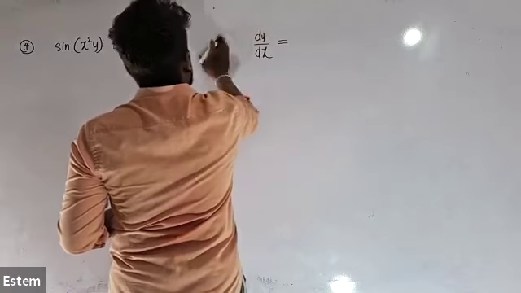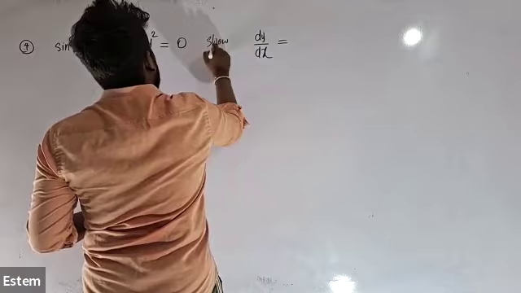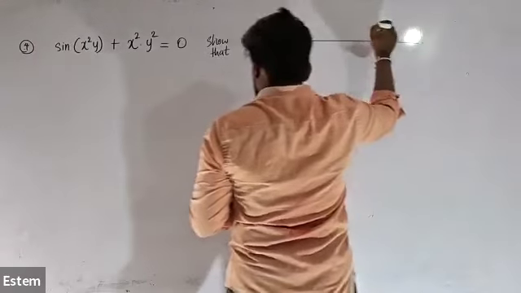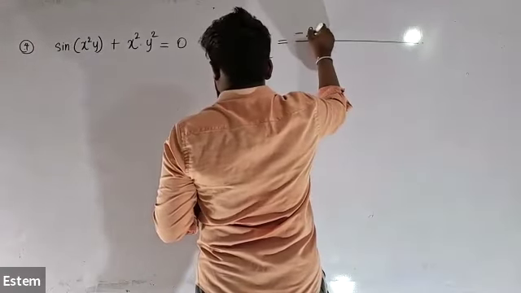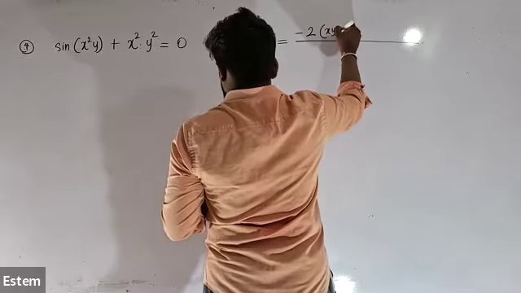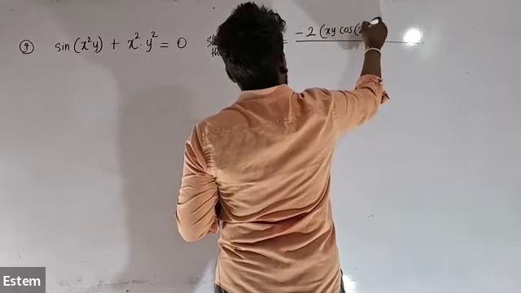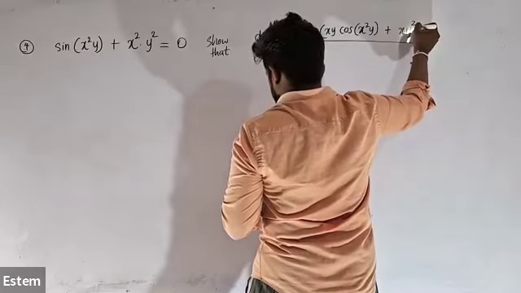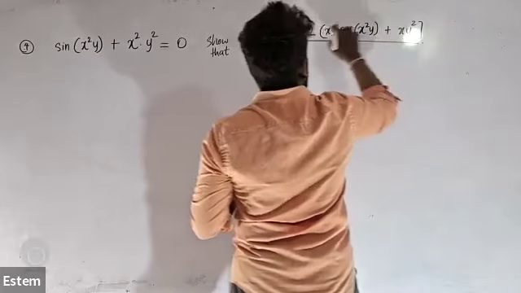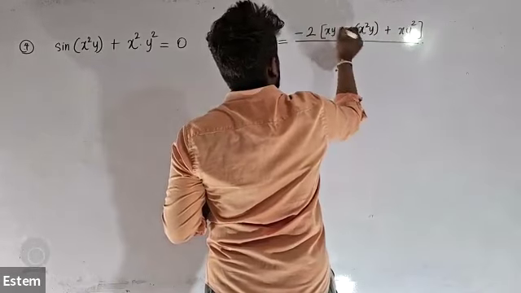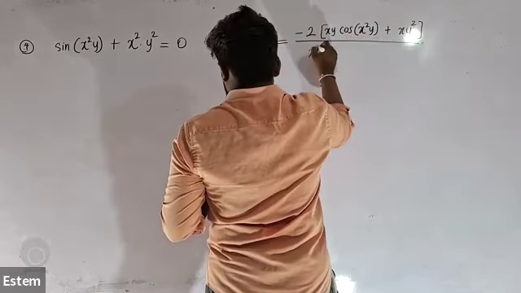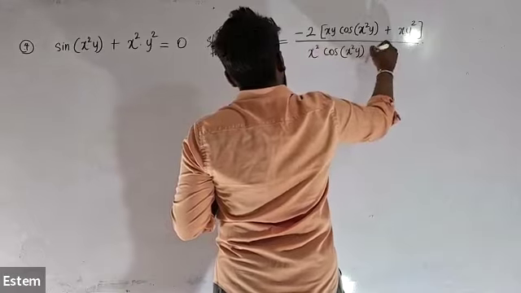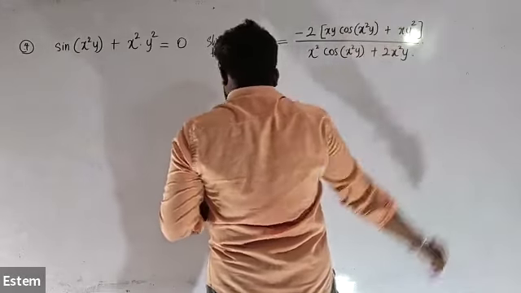Not find, show that dy over dx is minus 2xy cos x squared y plus xy squared, in the denominator x squared cos x squared y plus 2x squared y. Okay, show that.